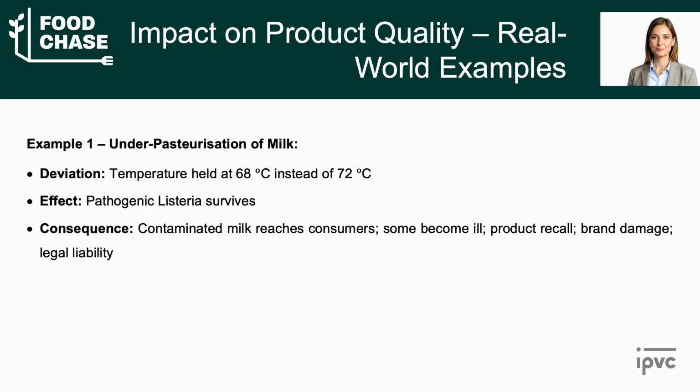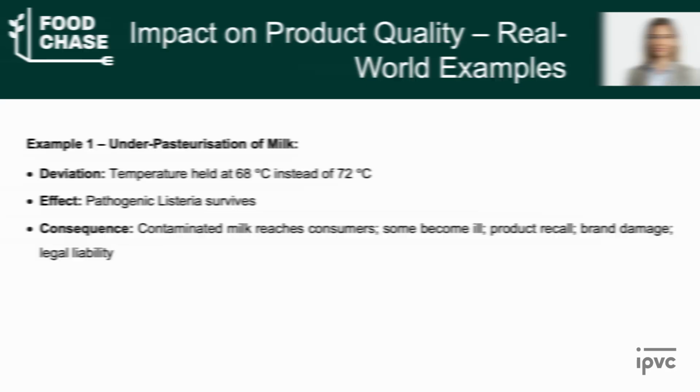The contaminated milk is distributed to supermarkets and homes. Some consumers become ill, some seriously. The company discovers the problem when it receives complaint calls and hospital reports. An investigation traces it back to the milk. The product is recalled, shelves are cleaned, the brand reputation is damaged, and the company faces litigation and regulatory action.